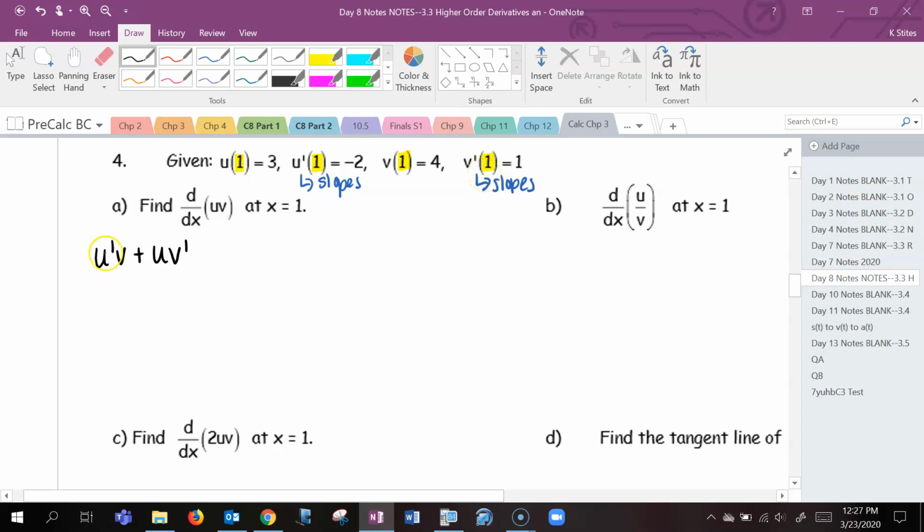Okay, so u prime at 1 is -2 times v at 1 is just 4, plus u at 1 is 3 times v prime is 1. So that's -8 plus 3, which is -5.